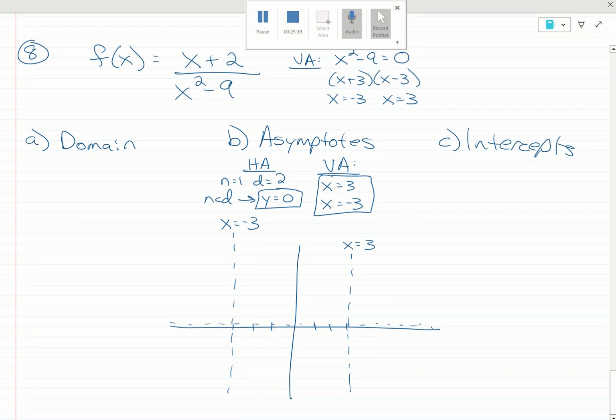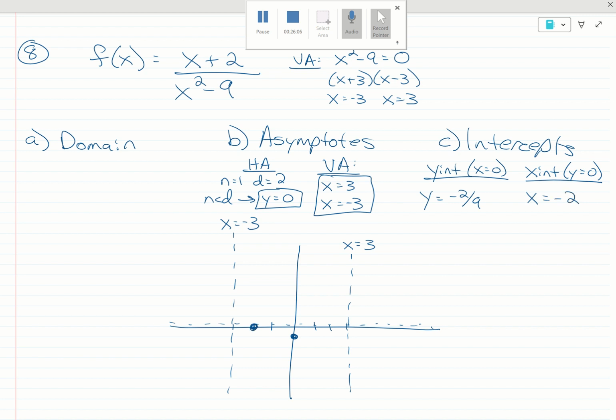And then if we go to figure out our intercepts, the y-intercept we get by making x equal to 0. And if we do that, we get y is equal to negative 2/9, which may be over here somewhere. The way we get the x-intercept is by making y equal to 0, and we'd get x is equal to negative 2.